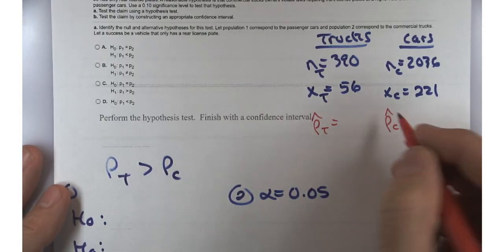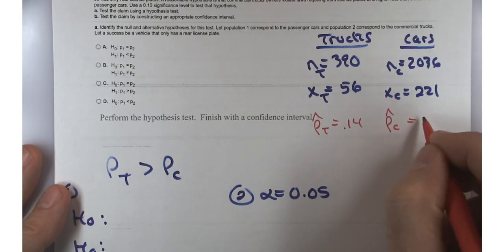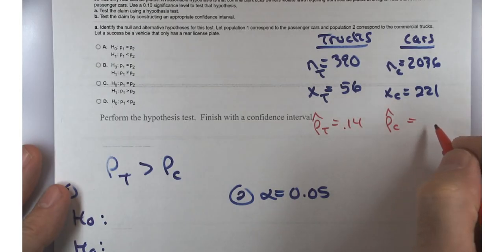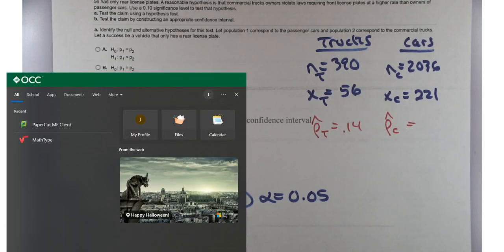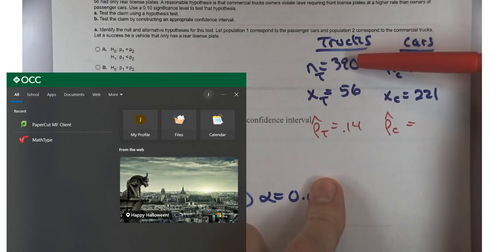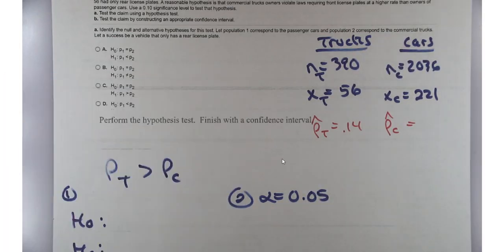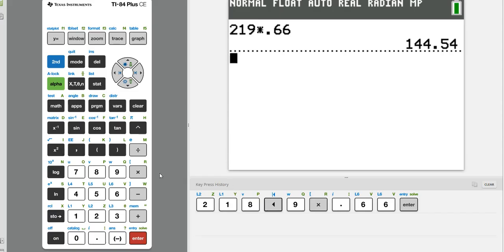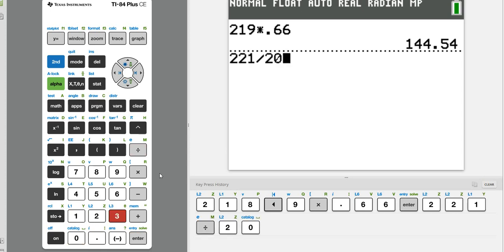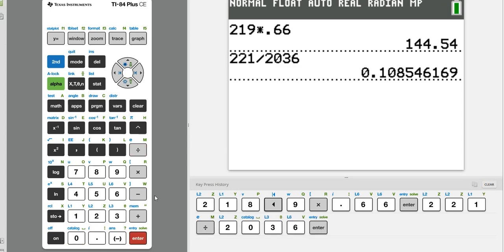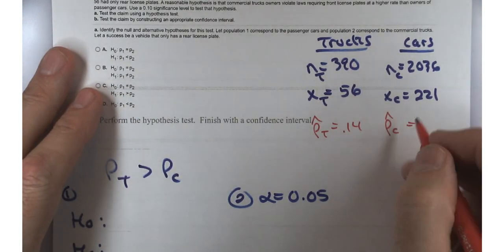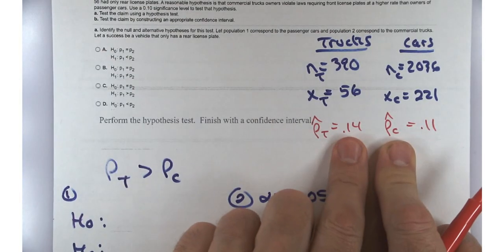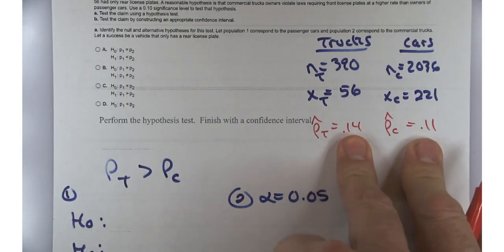I think the first one is about 14%. The second one's about 10%, maybe not quite 10%. It's just X sub T divided by N sub T. And the other one is 221 divided by 2,036. All right, 11%, 0.11. But is this difference enough to give us a significant test? Well, we'll have to find out.